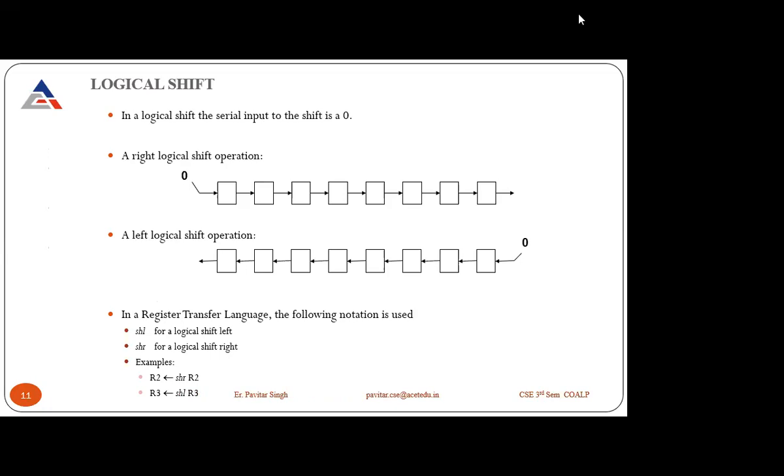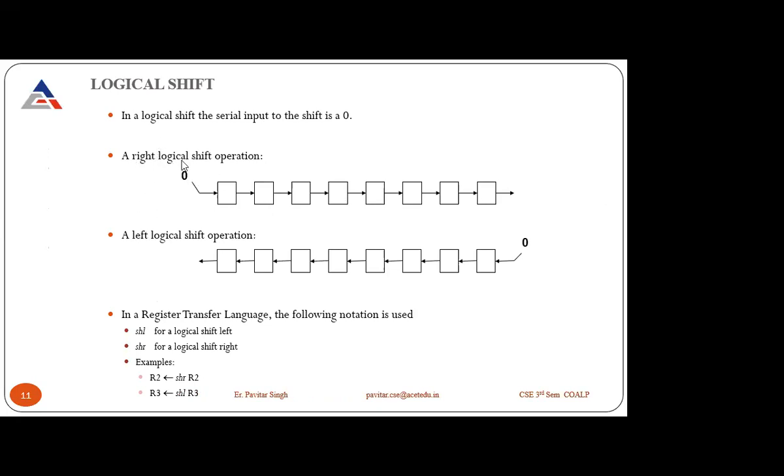See these 2 diagrams very carefully. First of all, in a logical shift, the serial input to the shift is 0. Remember this point. You will always take 0 as the serial input, right? And you have to shift your values according to the shift.